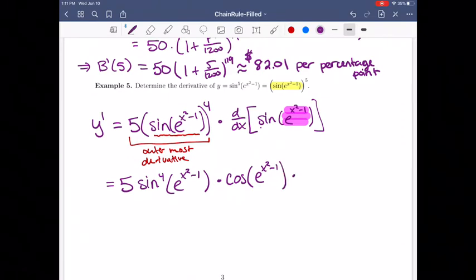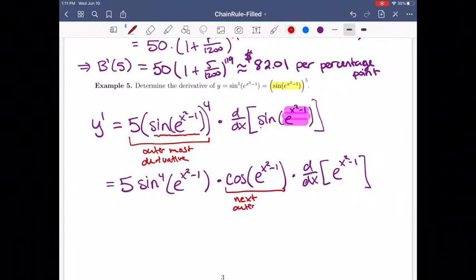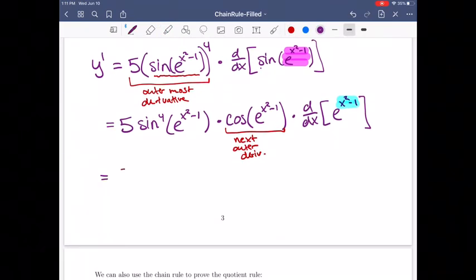And then I need to multiply by the derivative of the box. So this is the next outer derivative. Now again, I have a composition of functions where my inner bit is the exponent of this exponential function. So I'm going to write all of these derivatives we've already done.